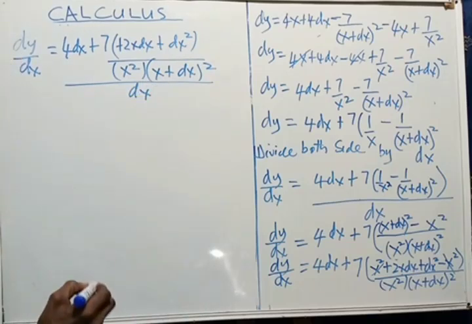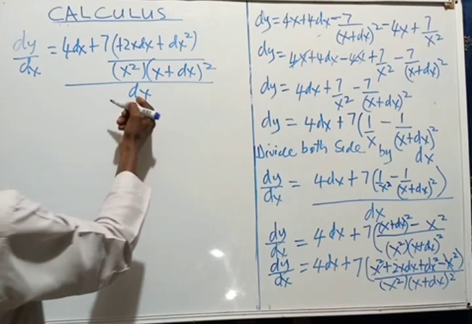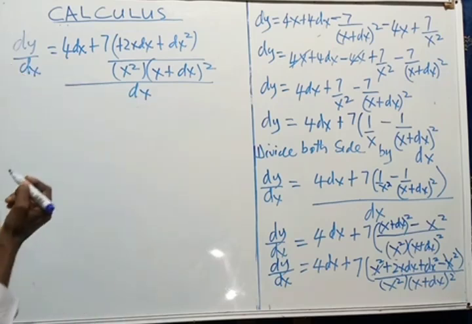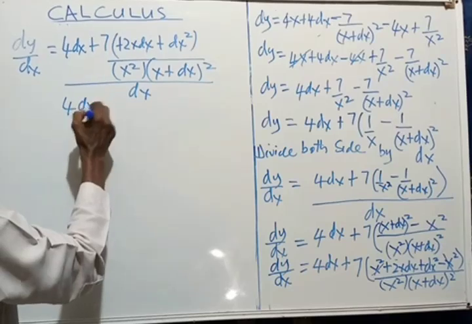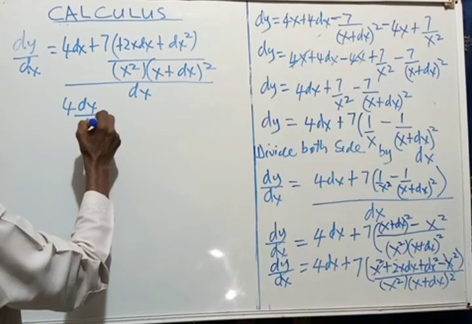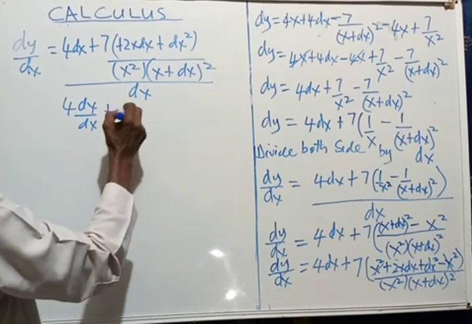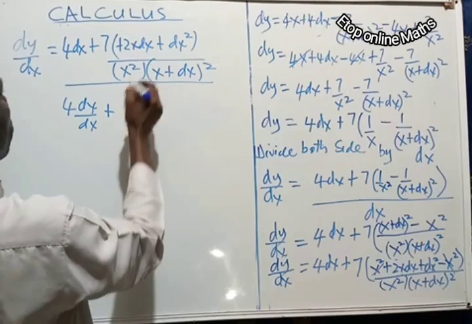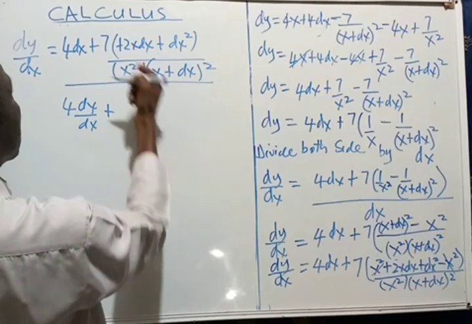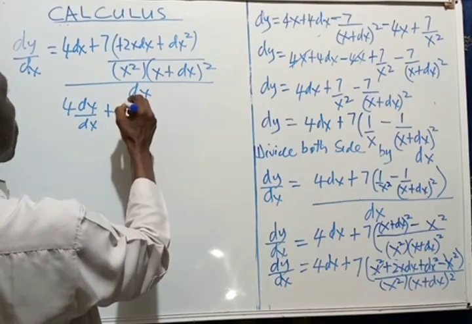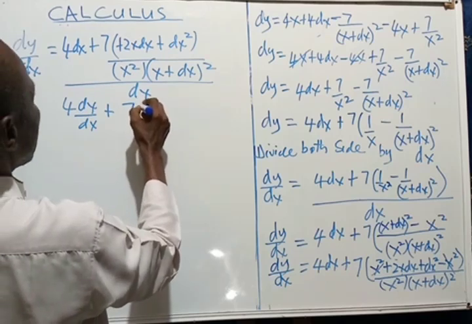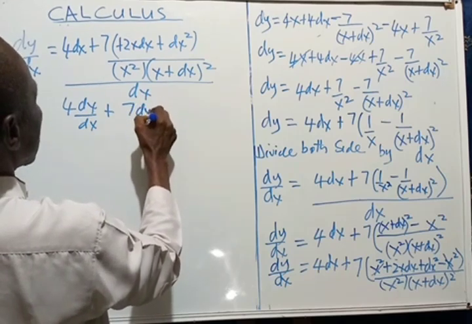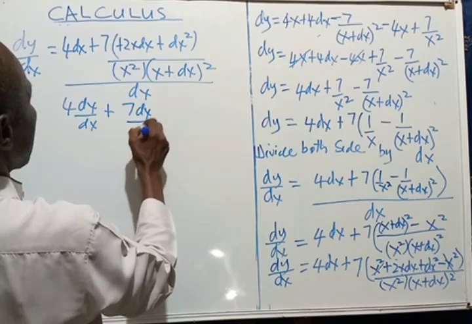So from here, we are going to divide through by dx. So I have here 4 dx over dx plus, up here we find that dx is common. So I have a 7 dx divided by dx.